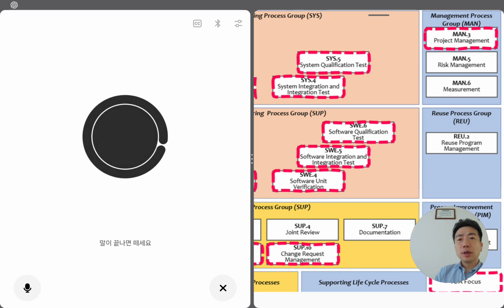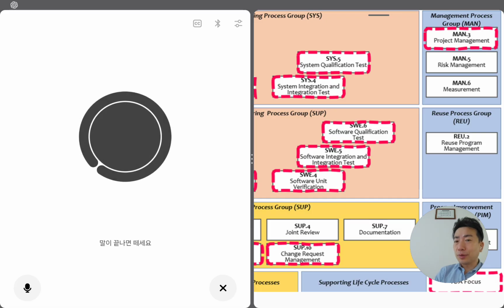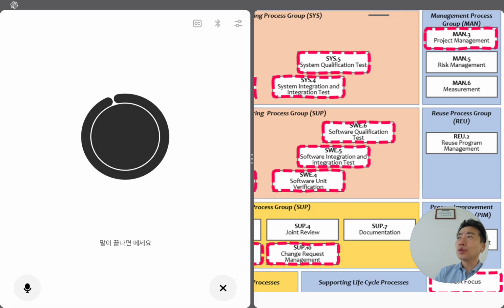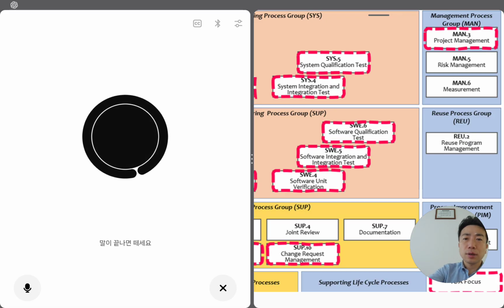Could you please share a configuration file example for us? What if you were a member of our company, an employee?